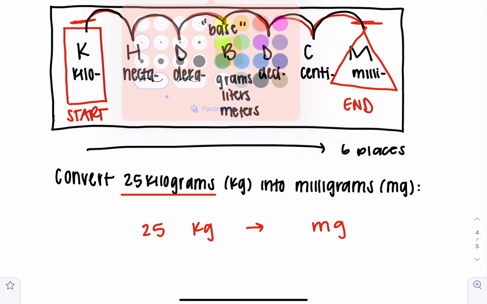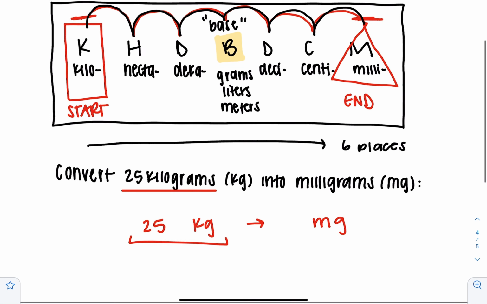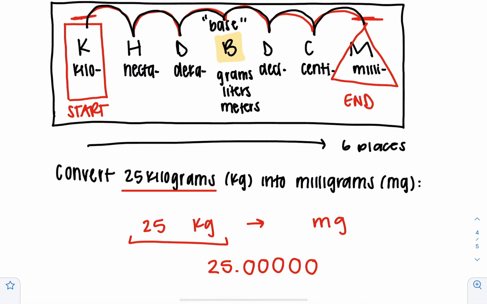So now, if you look at your value, 25 kilograms, this is all just decimal place movement. So we're going to write 25.0. That's the same thing as saying 25. I'm going to add a couple of extra zeros because I know that I'm going to have to move this decimal to the right 6 places. So this just makes it more clear.